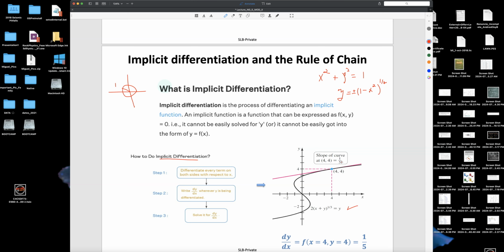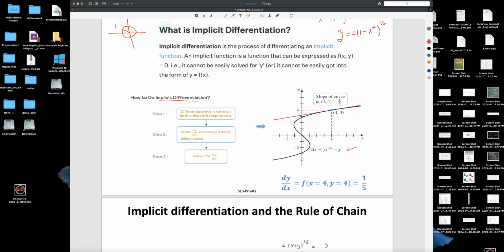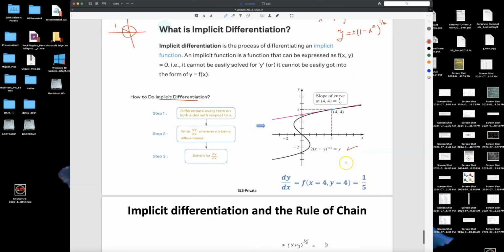Okay, that's what we're going to do to show that. Or in other words, to find the slope of the tangent line to the black function at that point.